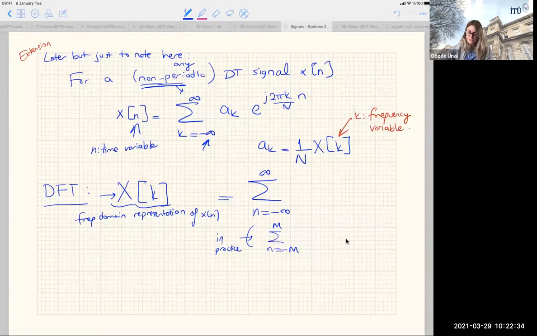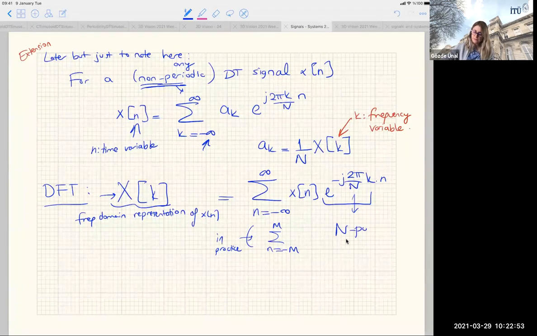We don't do minus infinity to infinity, but the math is valid for infinity. Times e to the minus j 2 pi over N k n, the basis function. We call this the N-point DFT.